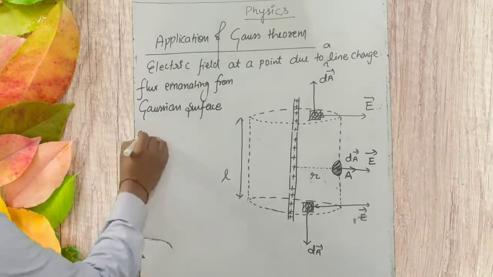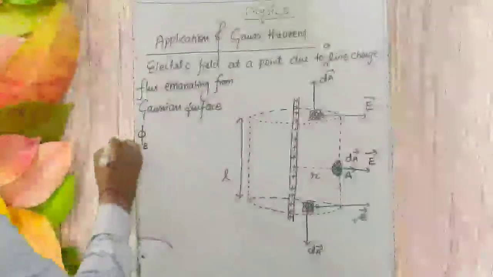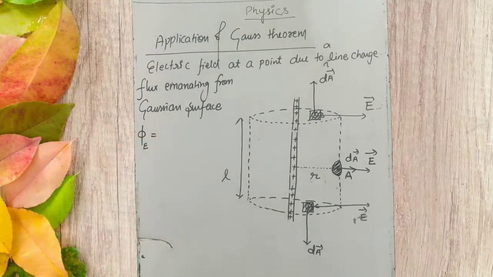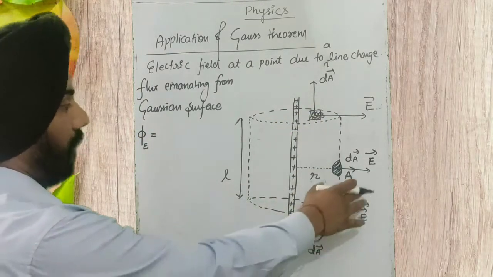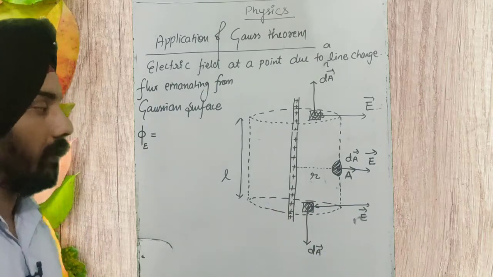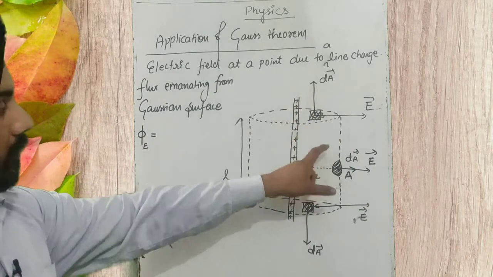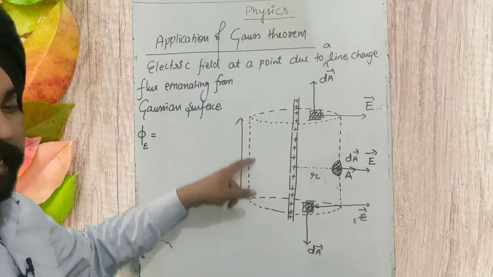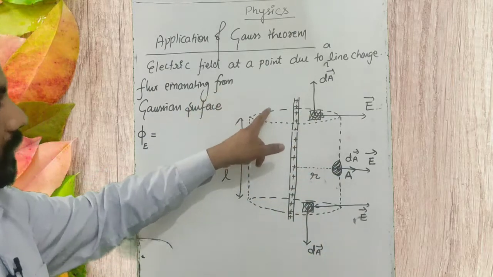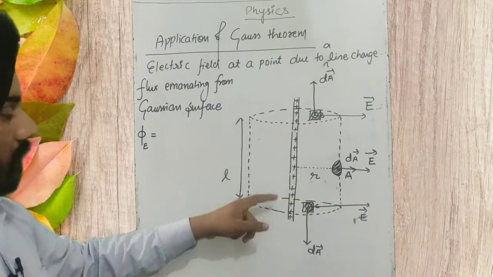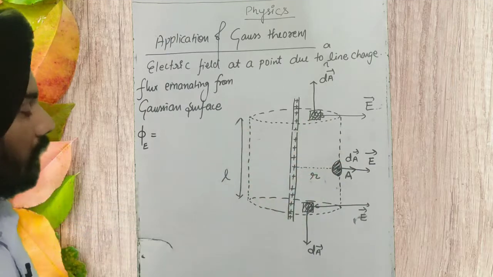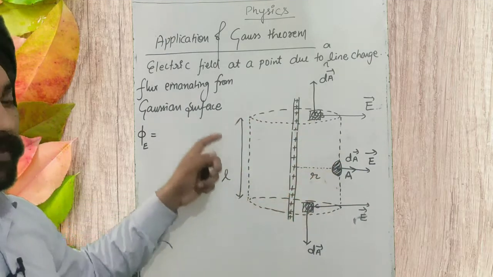The total flux is represented by phi E, and we will take all of them, A, B, C, because we are going to calculate the electric flux from the whole area of this Gaussian surface: from the upper cross section, from the lower cross section, and from the curved surface. From all the surfaces we have to take this.